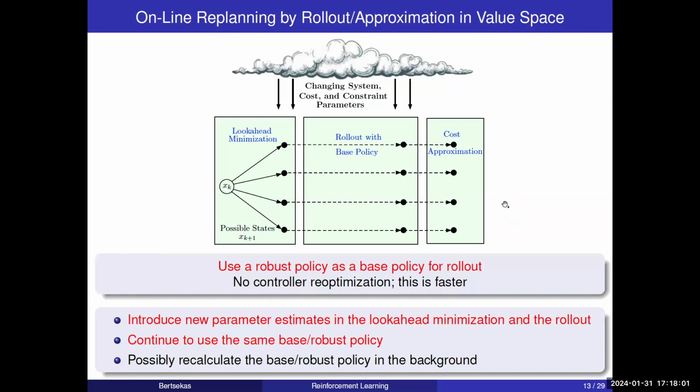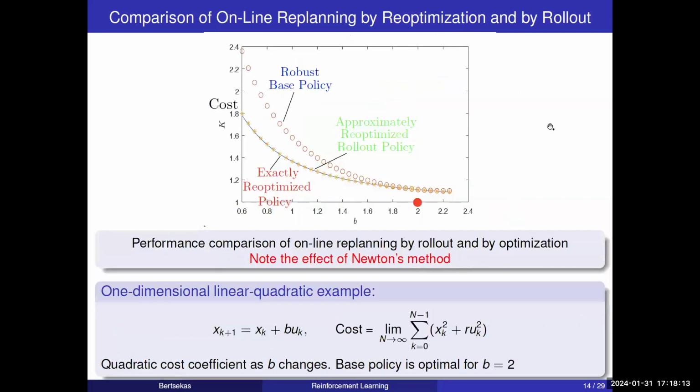So we have robust control to do adaptive control. We have three approaches: robust control, indirect adaptive control with reoptimization, or with rollout approximation in value space. Again, let me go through this slide. It's the same example as before, where B is an unknown parameter.